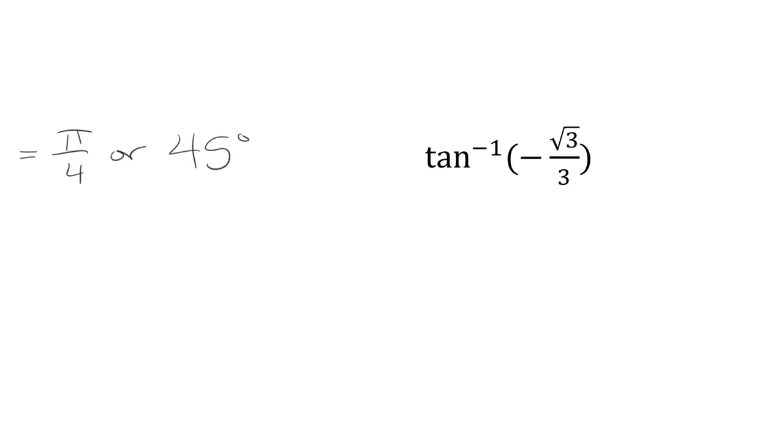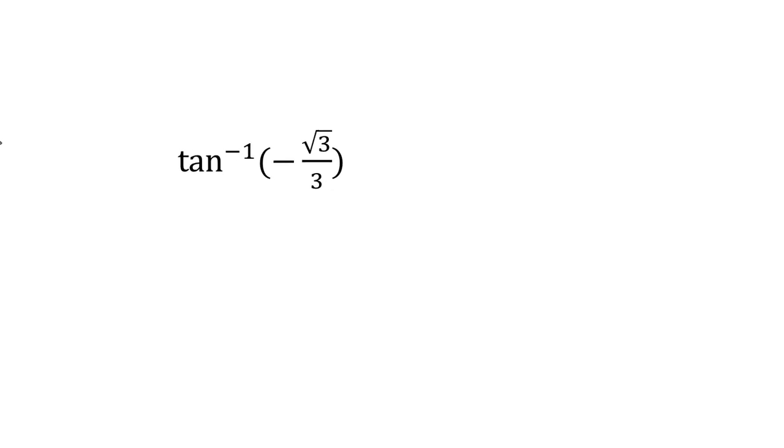And then our last one is inverse tangent of negative square root 3 over 3. So if I'm doing this one, I flip it, I'm looking at the inside because that's where we put tangents on the back. Square root 3 over 3 is tangent of pi over 6, so that's my blue angles.